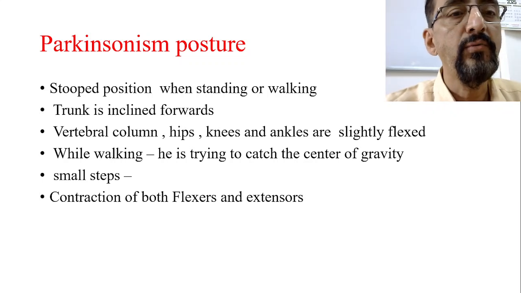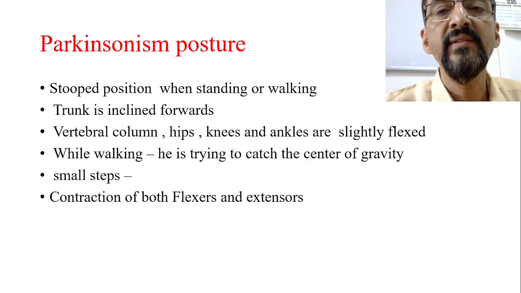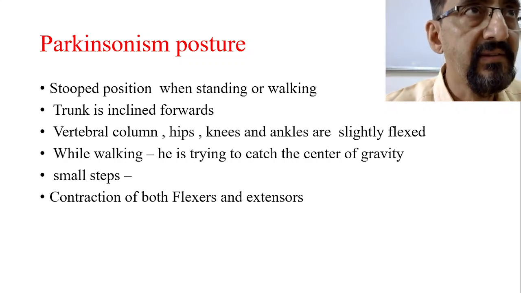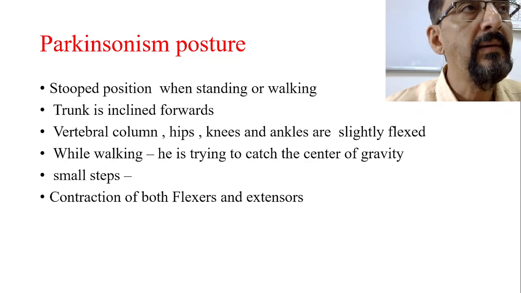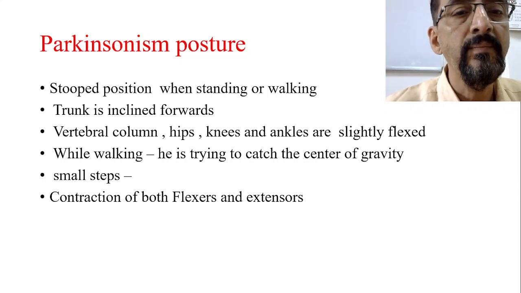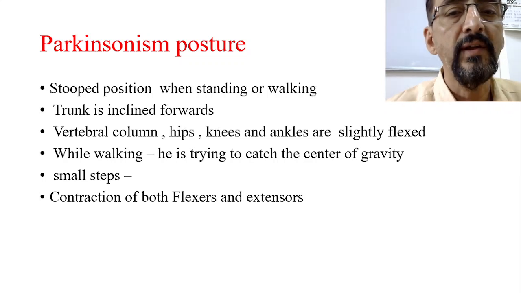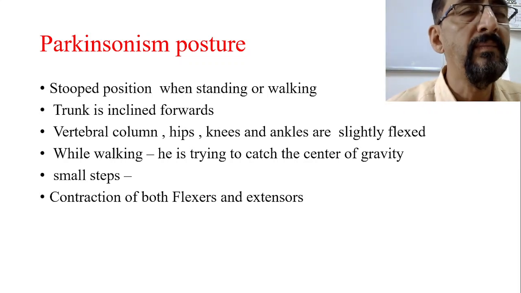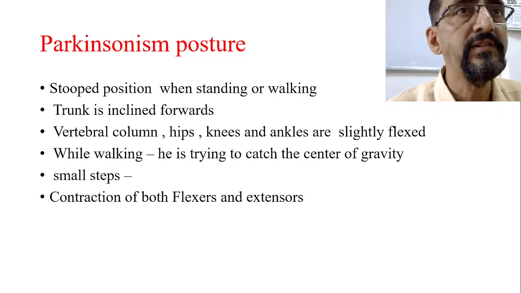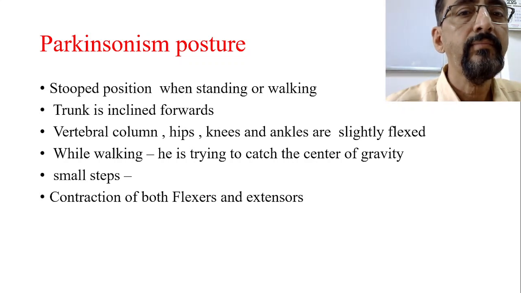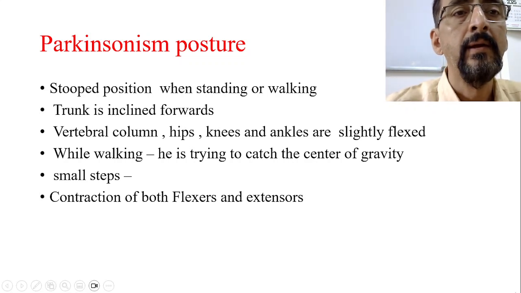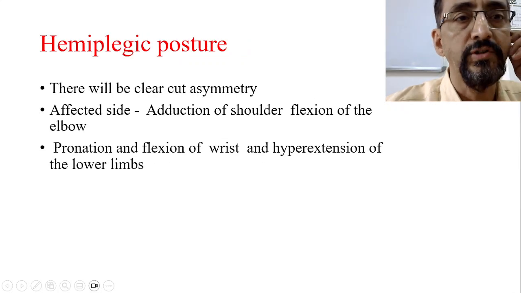So what actually happens? The vertebral column, then hips, knees, and ankles are slightly flexed in this condition. While walking, he is trying to catch the center of gravity. He will always take small steps, and there will be contraction of both flexors and extensors. In the pathology, that particular gait is also called festinating gait or Parkinsonism gait. Small, short steps he will take. So this is called Parkinsonism posture.